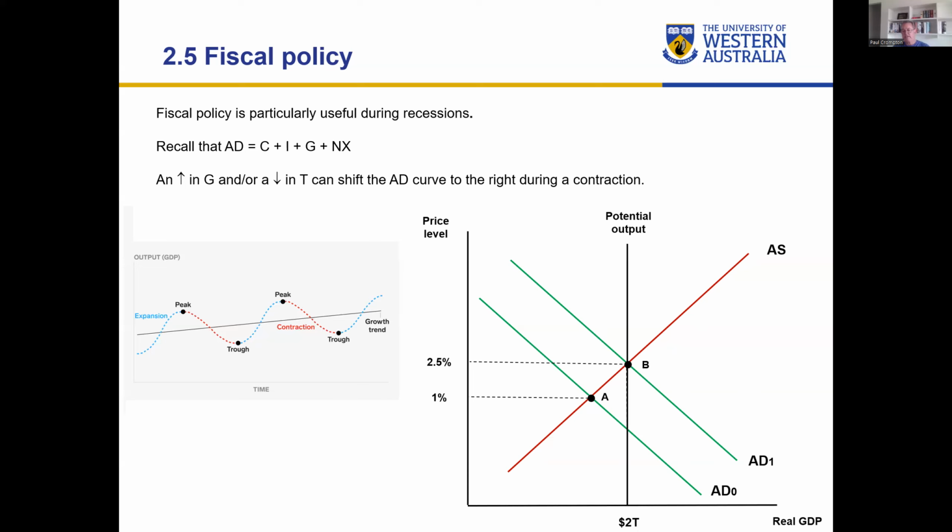Now, obviously, this is suggesting if the price level, and I am using the price level and the inflation rate interchangeably. Just a quick recap of why I'm doing that. Technically, this model does have the price level on the vertical axis.